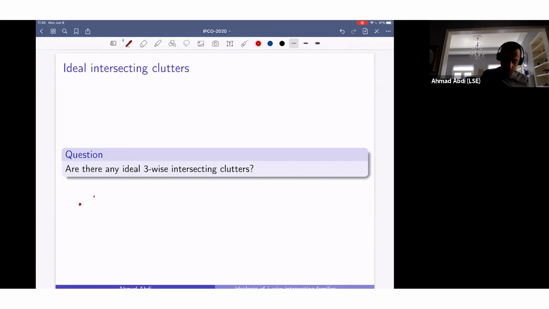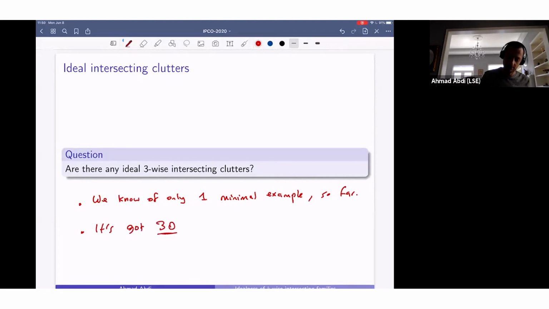In fact, we know of only one example, one minimal example so far. It's got 30 elements, just to tell you how large it is, and 30 is just the number of elements in the ground set. To tell you what this is, I need to tell you about cuboids.